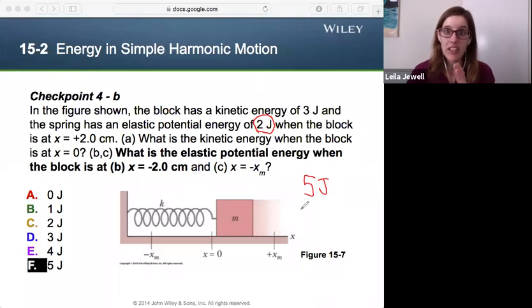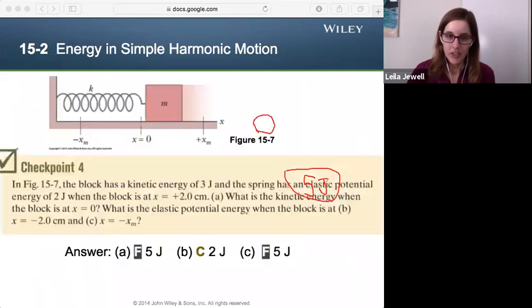What about when we go to -x max? Well, at that point, the kinetic energy should be 0 because it will briefly stop. That's the turning point before it goes the other way. And at that point, we once again will have 5 joules. So we put this all together, and we do see that it is 5 joules, 2 joules, and 5 joules, as planned.